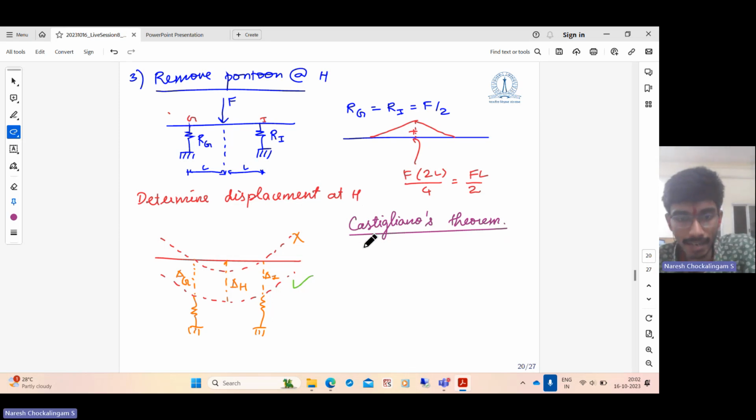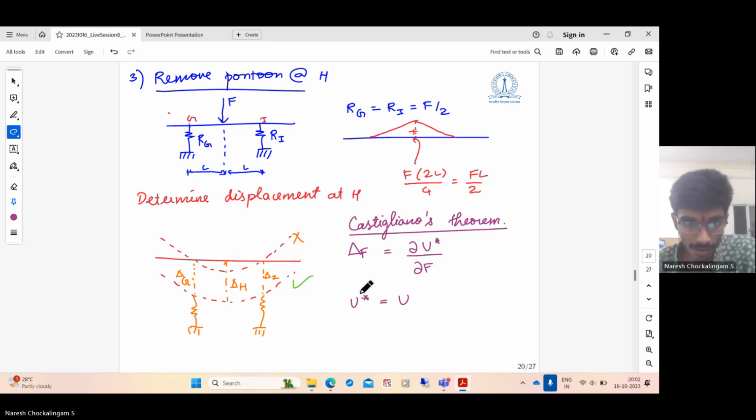If we want to determine the displacement at the point of application of a force F, it is given by the partial derivative of the complementary strain energy with respect to the force F itself. In this case, it is a beam, so the dominant component is bending, and it's a linear elastic solid. Therefore, the complementary strain energy is equal to the strain energy of the beam.